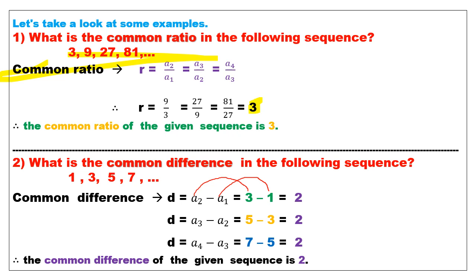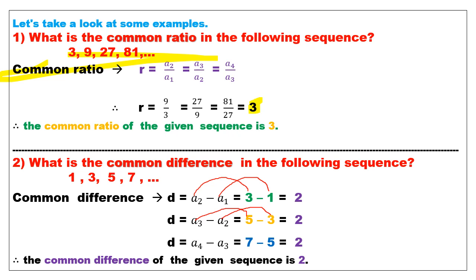Same as, find the difference between third term and second term. So therefore d, meaning common difference, is equal to third term minus second term. Here the third term of the given sequence is 5 and the second term is 3. Therefore a3 minus a2 is 5 minus 3, the result is 2.